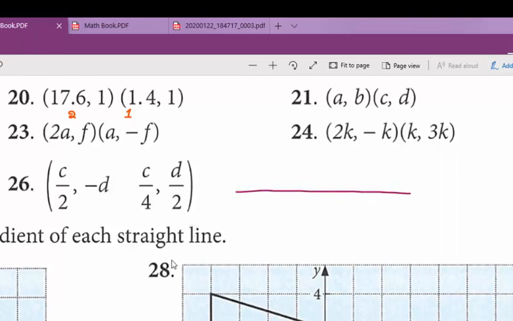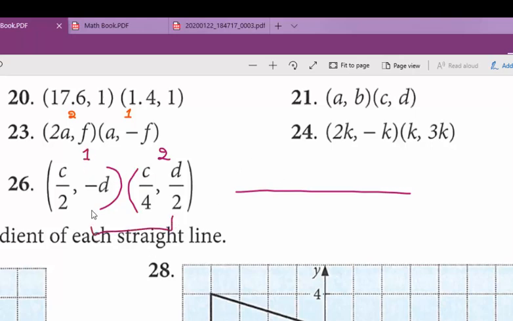Okay, and something is missing here. 2 brackets. We cannot have more than 2 numbers in 1 point's coordinates, so there must be 2 brackets, as you see now. Now, let's say these are x2, y2, these are x1, y1.